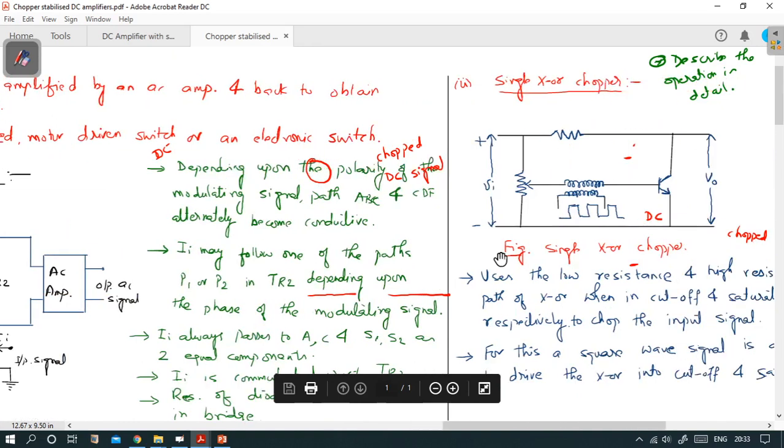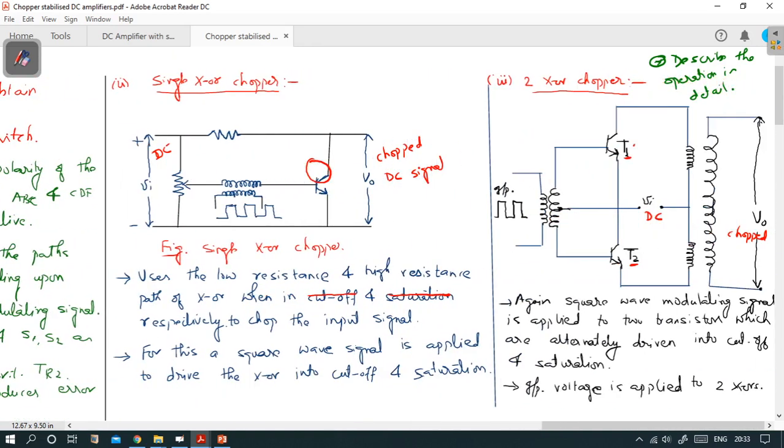At the same time here also we can connect one AC amplifier, at the output part here or here, and at the output of the AC amplifier the AC version will appear, and again you can connect one rectifier circuit that will convert the amplified AC signal back into a DC signal.